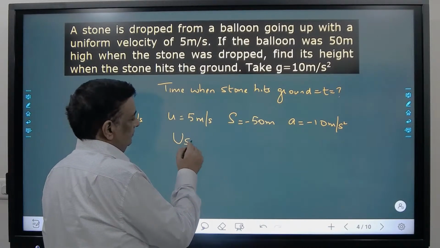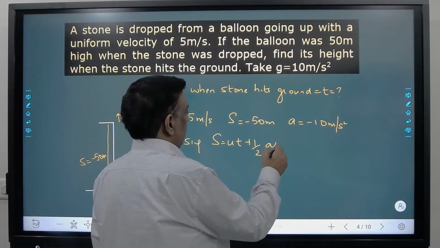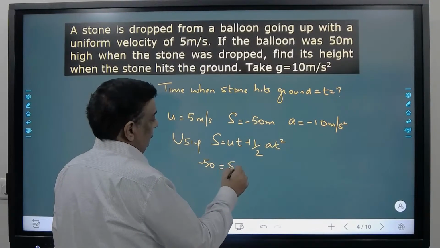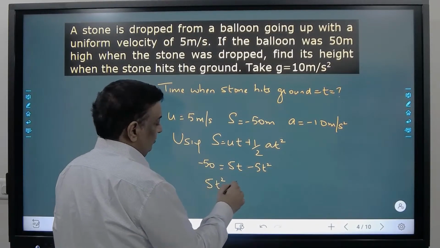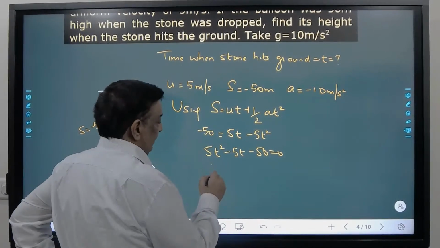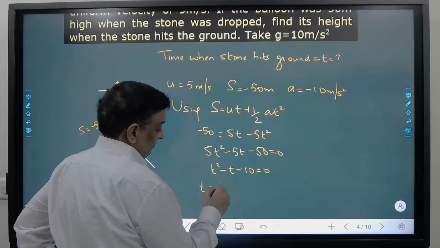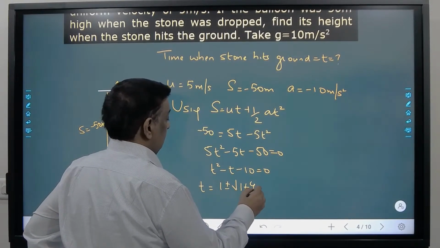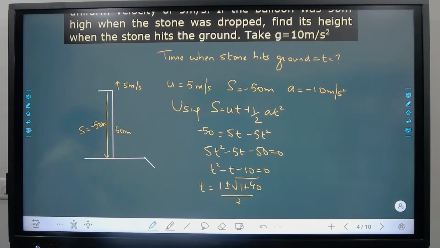Using s = ut + (1/2)at², s is minus 50 meter, which is equal to 5t minus 5t square, or you can say 5t square minus 5t minus 50 is equal to 0, or you get t square minus t minus 10 is equal to 0. This is the time. You have to take the positive value because time cannot be negative.